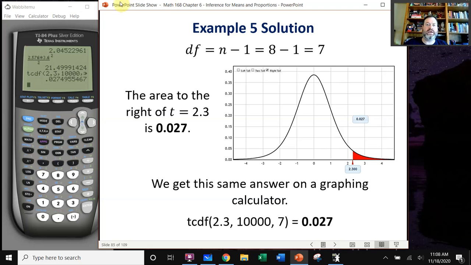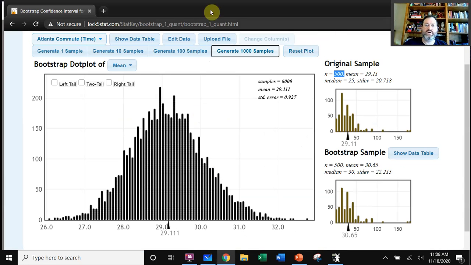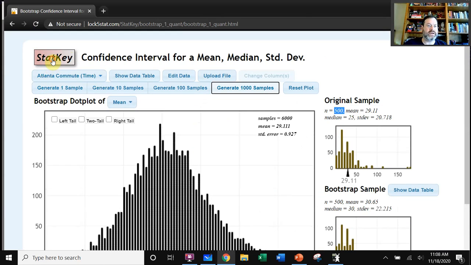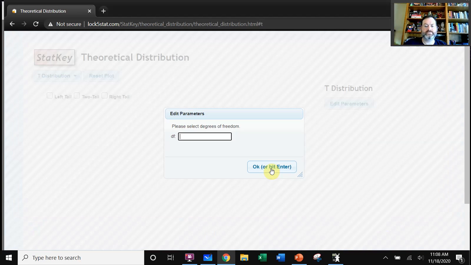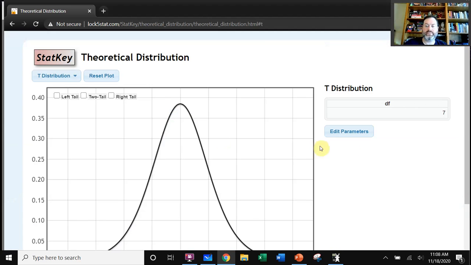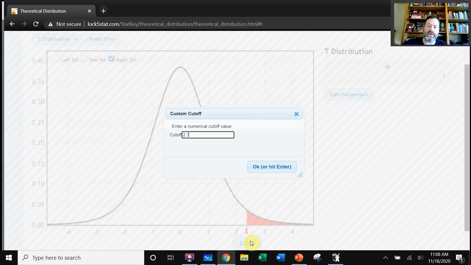And then StatKey is very easy for this. I'll show you how to do this one in StatKey, but I really don't want to spend a ton of time in StatKey. Theoretical distributions, T. Degrees of freedom was 8 minus 1, which is 7. We wanted the area above 2.3, so it's a right tail. Change that to 2.3.